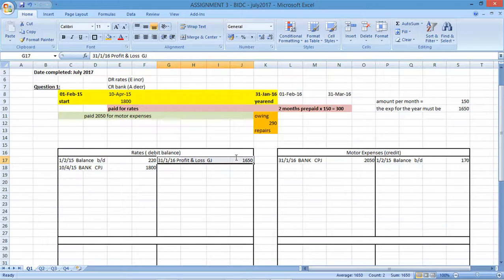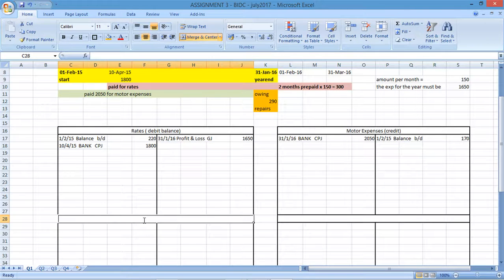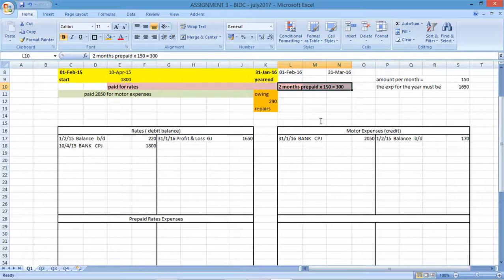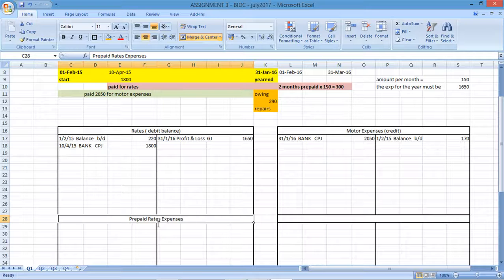And then what happens to the other amount? Remember, we had a prepayment. Well, now we're creating that, so we'll call this prepaid rates expenses. Okay, and I'm creating 2 months seen as an asset. The prepaid expense, you should know from your theory, is an asset, so it'll have a debit balance. You're creating it.